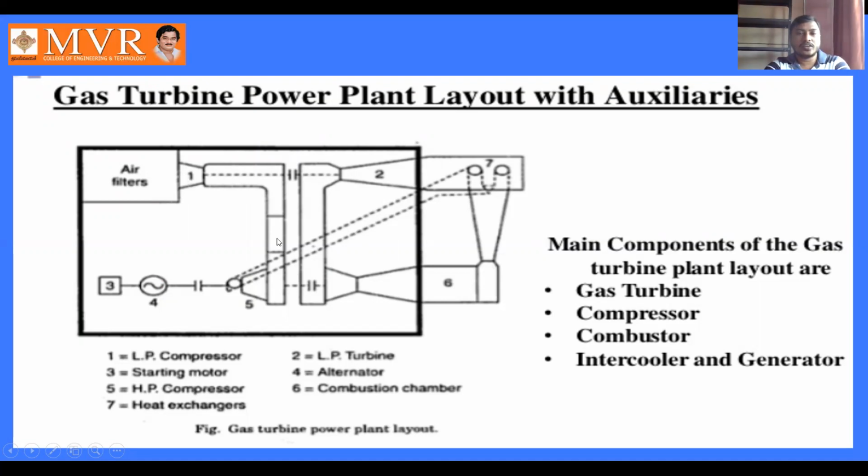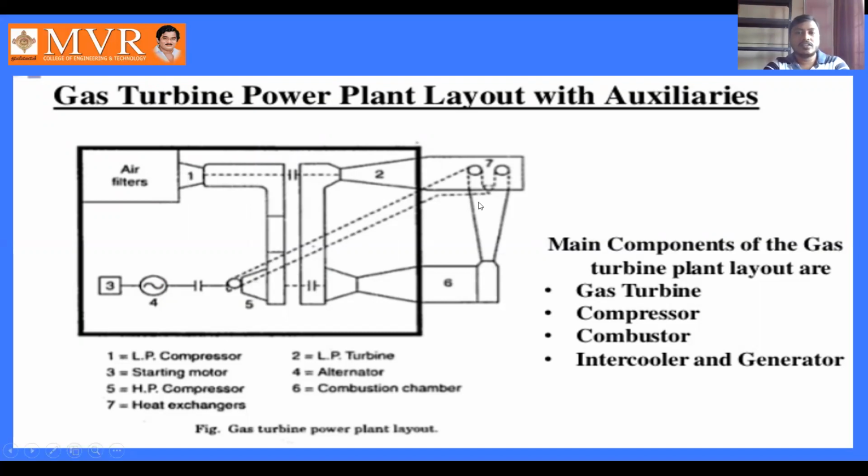After entering the intercooler, it is cooled and enters the high pressure compressor. In the high pressure compressor, after compressing the air, it gives high pressure and high temperature. From the high pressure compressor, it is transferred to the heat exchangers.